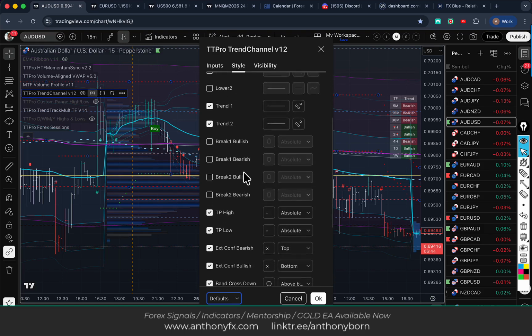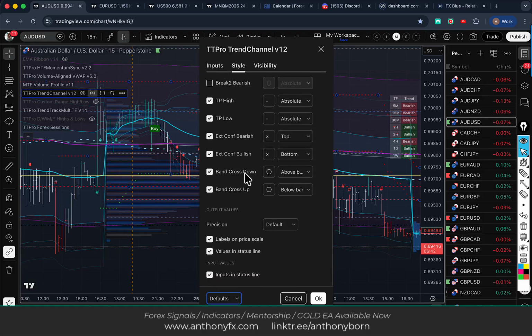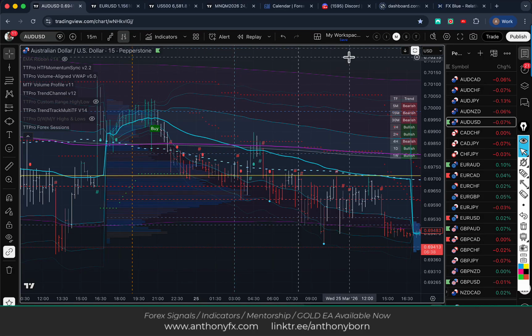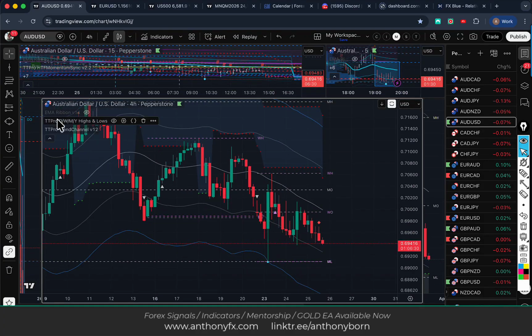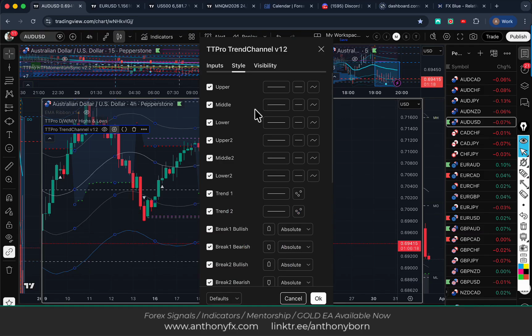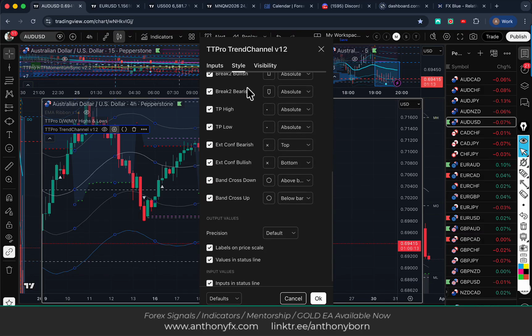This is the setting you want on this indicator, the trend channel. Apart from that, the only thing you're going to change, when you have the indicators on this 4 hour, is that I'm only going to go with these two and maybe that one, the EMA ribbon, but you just default. Everything's set to default. But the trend channel you're going to want to change, and you want everything ticked along here in this style.